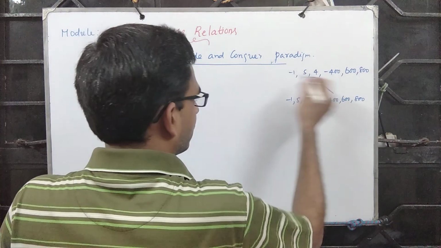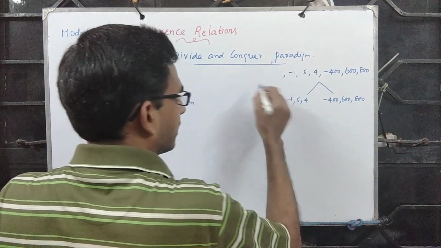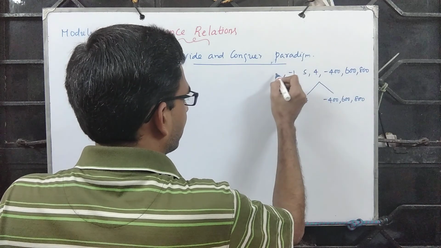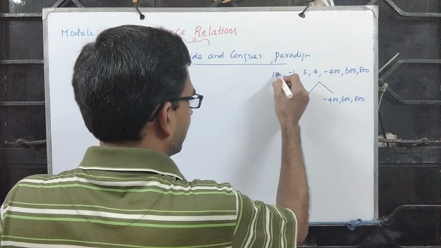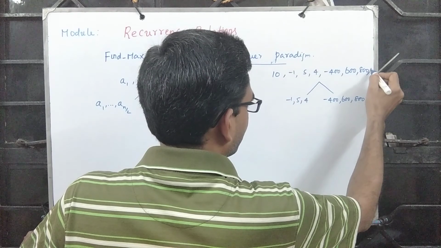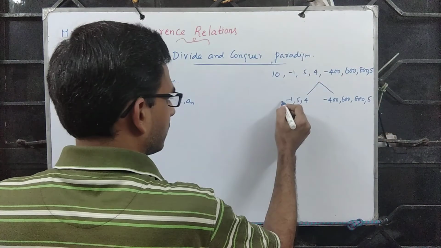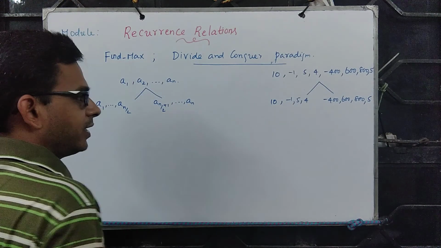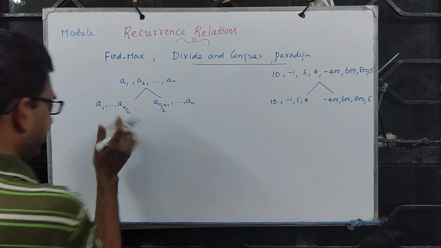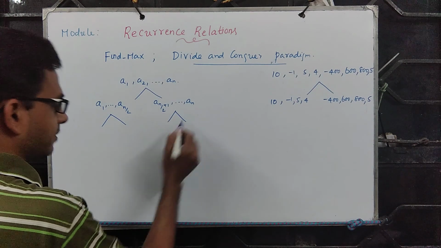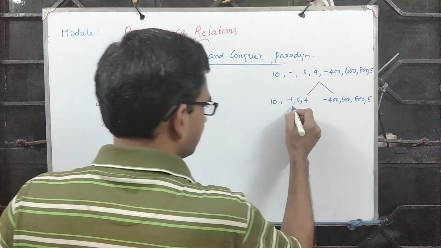Okay, so to ensure that this is 2 power k for some k, let's add 10 on this side and maybe 5 on this side. So let's add 5, duplicates are allowed. Then next I divide this into two equal parts, and I keep doing this.